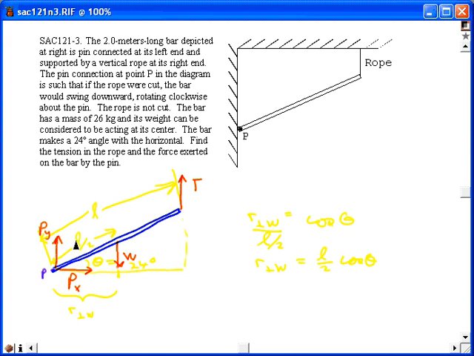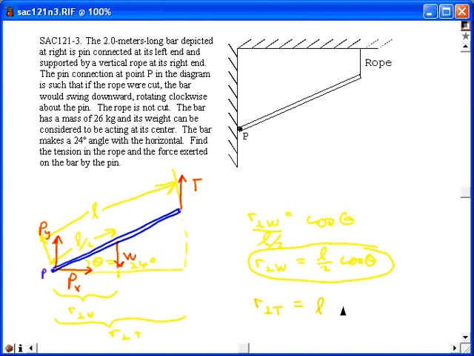And similarly, if I call this r perp for the tension, r perp for the tension is the adjacent over the hypotenuse L, and that's going to equal the cosine of theta as well.